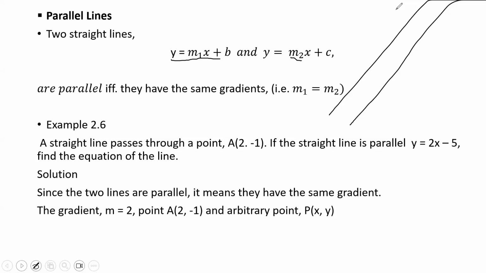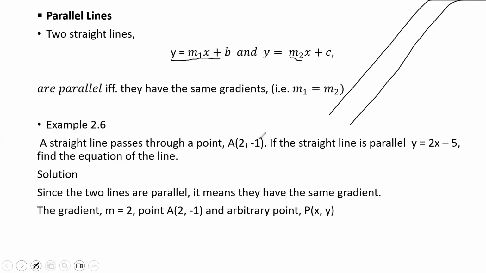Example: a straight line passes through a point A (2, -1). If the straight line is parallel to y equal to 2x minus 5, find the equation of the line. So here we know one point on that line we are talking about.